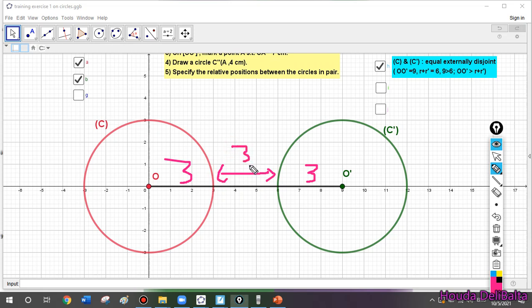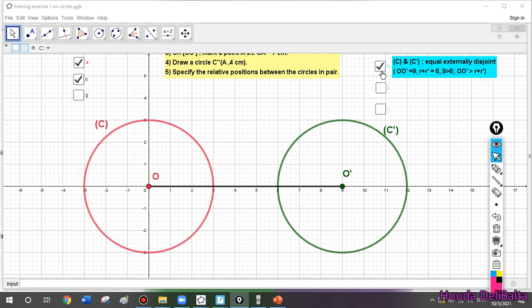So we can directly notice that these two circles are externally disjoint, and that's the justification that we have to write every time we specify the relative positions between circles. We have to say that OO prime is greater than the sum of the radii. That's according to these two externally disjoint circles.